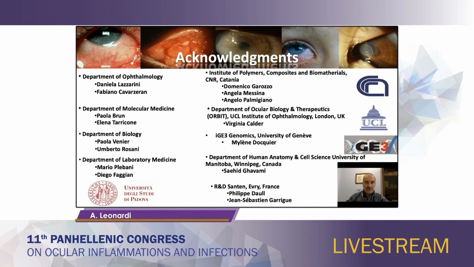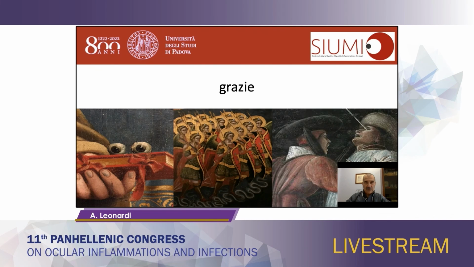I would like to acknowledge several collaborations I have and had in the past with centers and researchers that helped me in these findings, and would like to thank you for the attention.